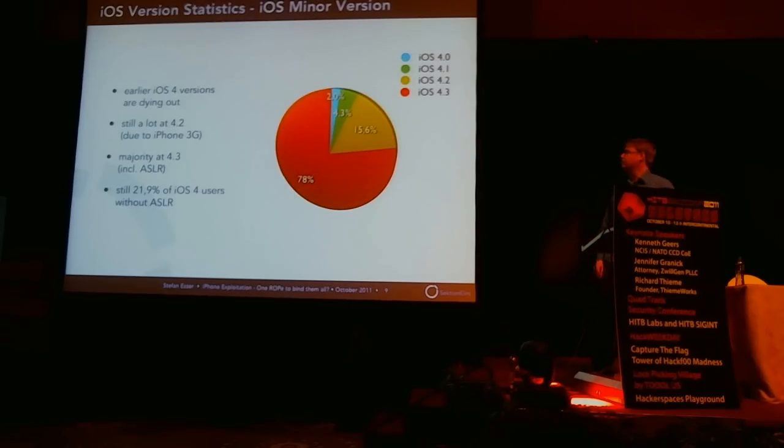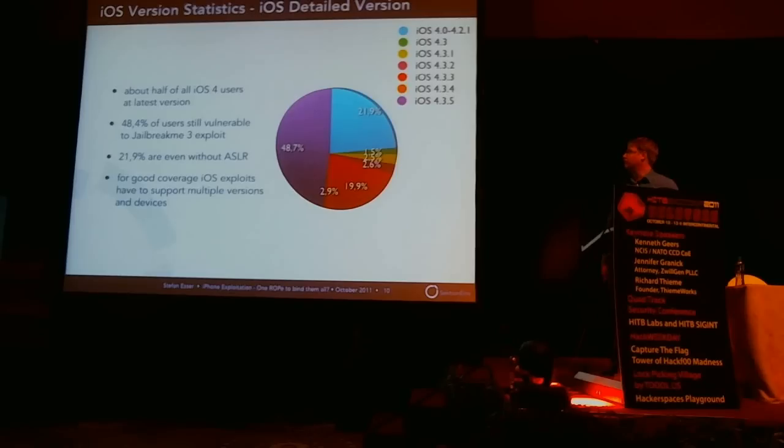Now when we look at the minor version, we will see that the earlier iOS 4 versions are dying out, and there are still a lot of 4.2 users, most probably in Germany because of the iPhone 3G, because the iPhone 3G can only run 4.2.1, and we have a lot of iPhone 3Gs in Germany. The majority is, however, on 4.3, which includes ASLR, but you see that about 22% of the users are running without ASLR.